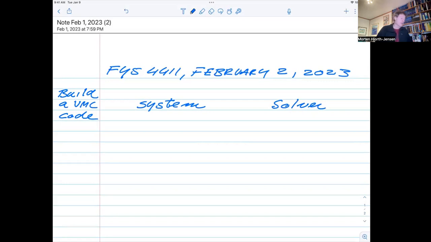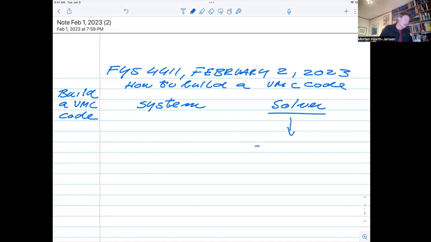And in our case, the solver is going to be a Markov chain Monte Carlo. So we are going to put a header for this. And this is how to build a VMC code. So in our case, the solver is going to be what we normally call a Monte Carlo Markov chain, or Markov chain Monte Carlo.